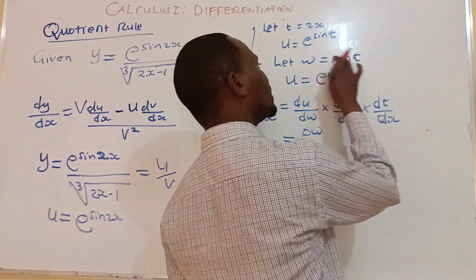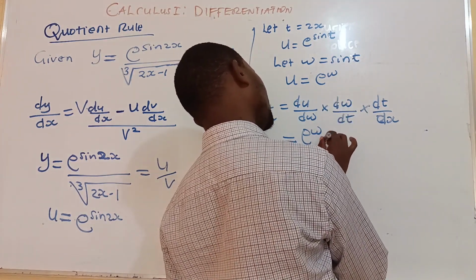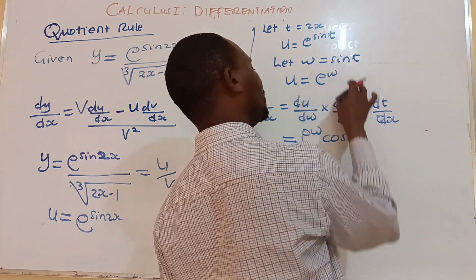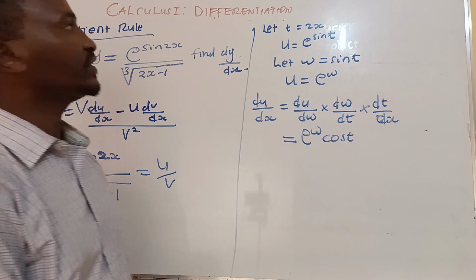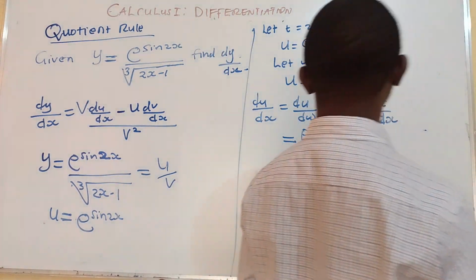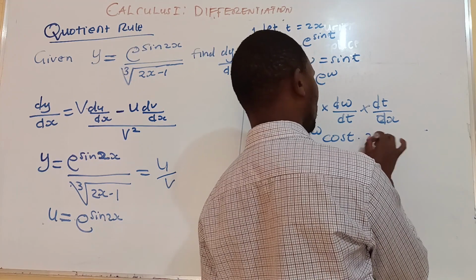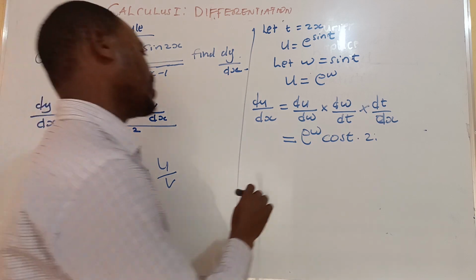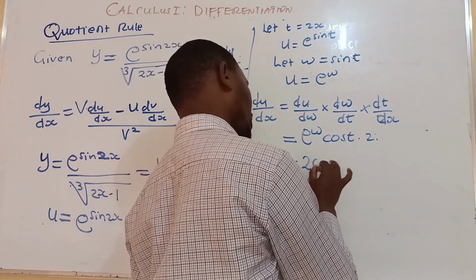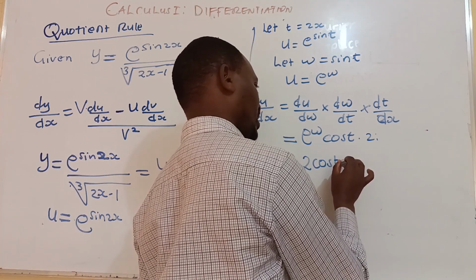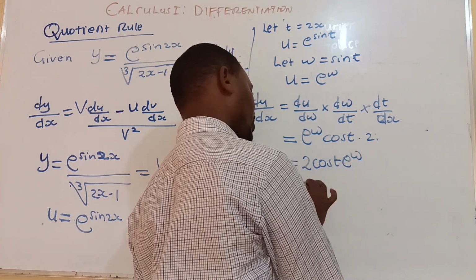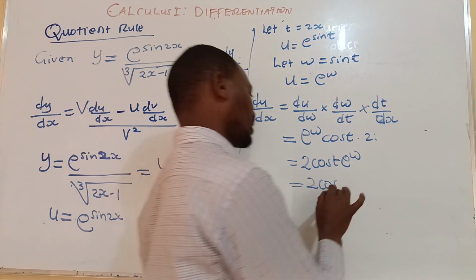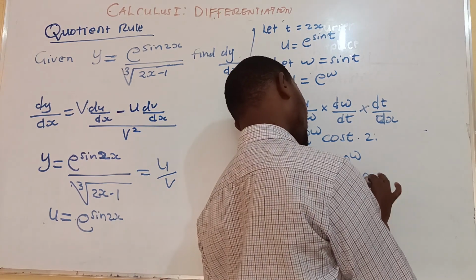If you differentiate sin t, that will be cosine t, dw/dt. And if you differentiate 2x, that will be 2 because you are differentiating with respect to x. So our result will be 2 cos t exponential w, which is equal to 2 cosine of t, and t is 2x, exponential w.